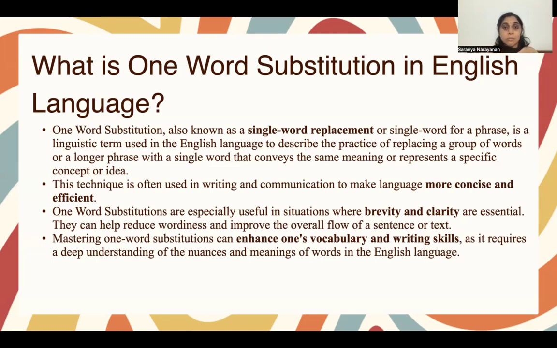So when you learn more words like these, it builds your language capability and your vocabulary skills as well. Therefore, one word substitution is not just for providing clarity or brevity to a sentence, but also to enhance your language capabilities, your language skills.